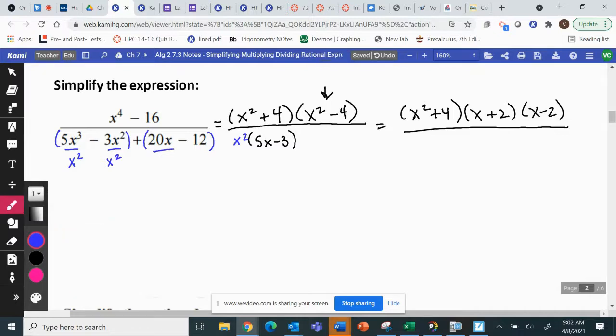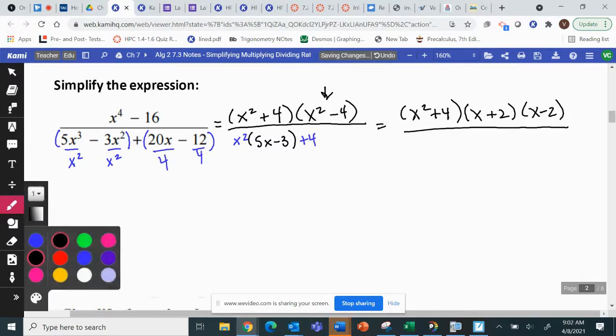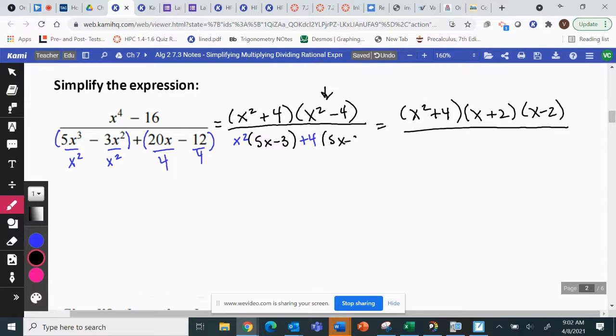And then I'm going to take out 4, and I'll have 5x minus 3. So now I have x squared plus 4 times 5x minus 3. X squared plus 4 does not simplify any further.